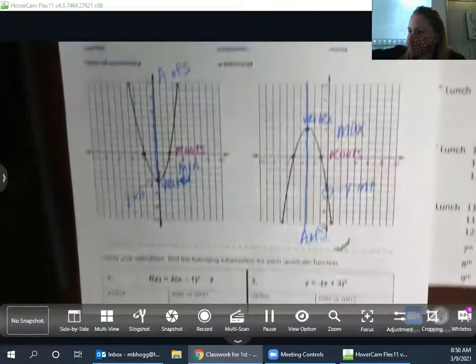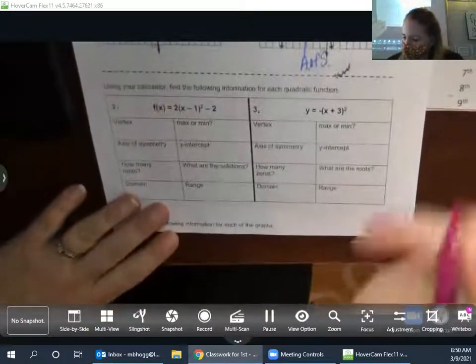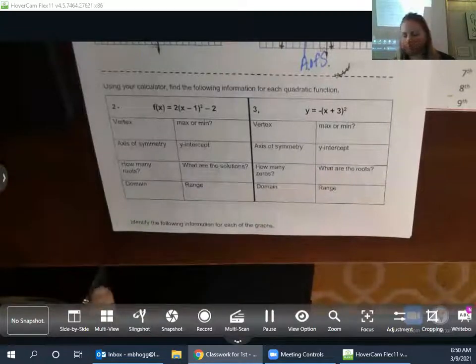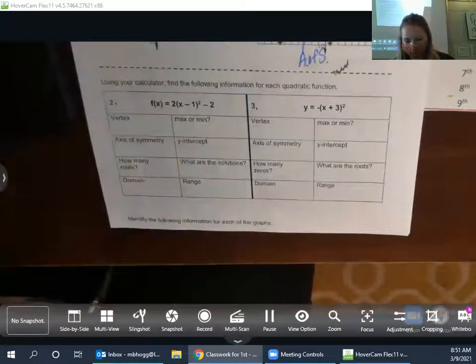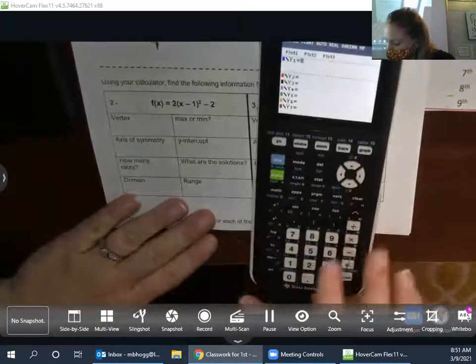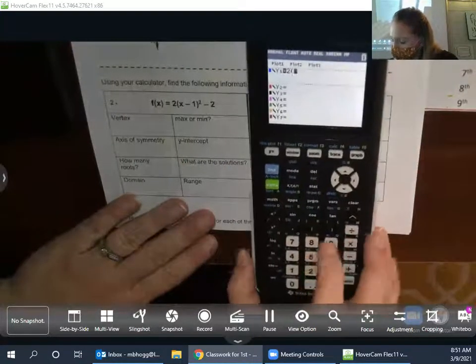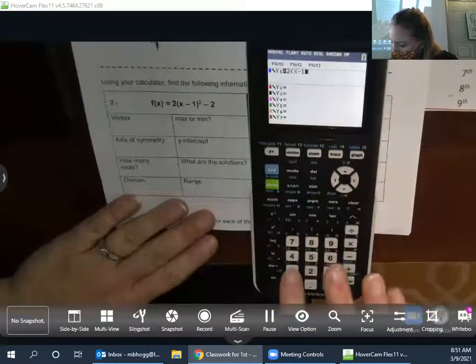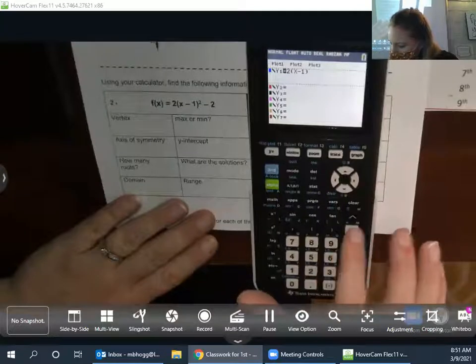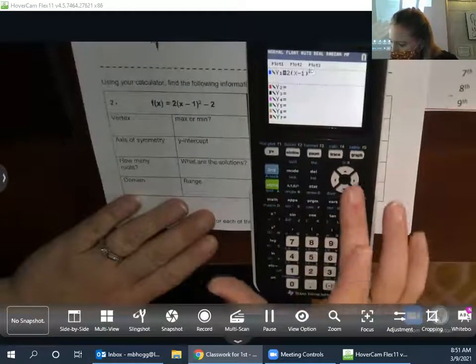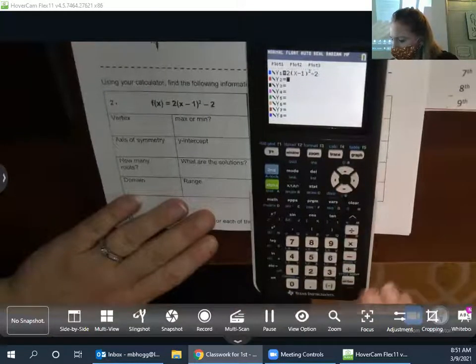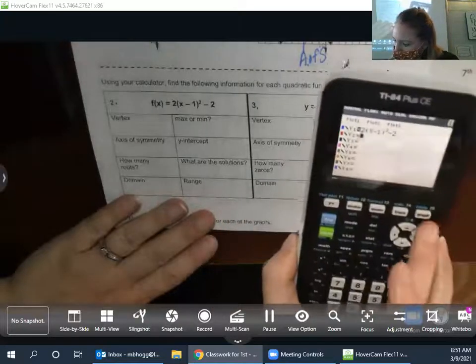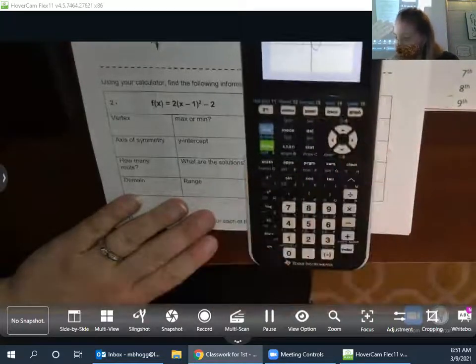Now on the bottom, we're going to use our calculator. Let's go ahead and put this equation in y equals, exactly how it's there. 2 parentheses, x minus 1 parentheses squared, minus 2, and graph it.